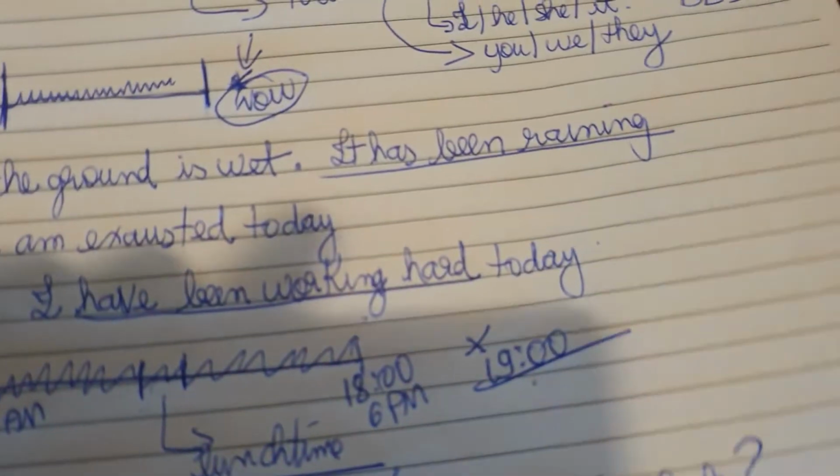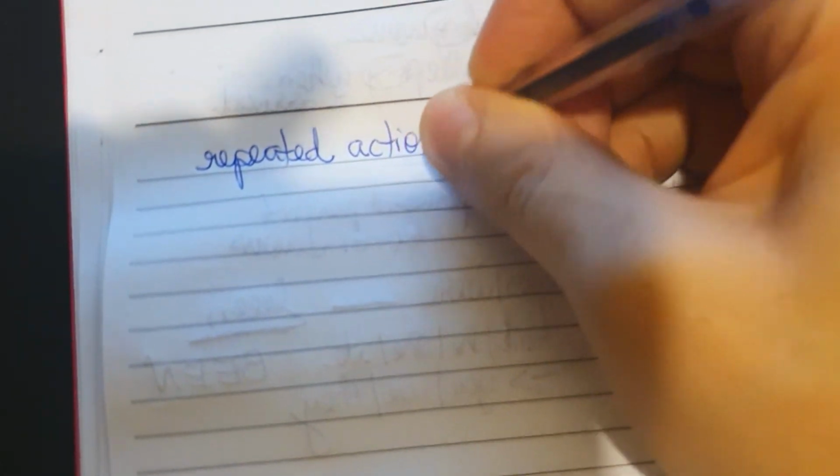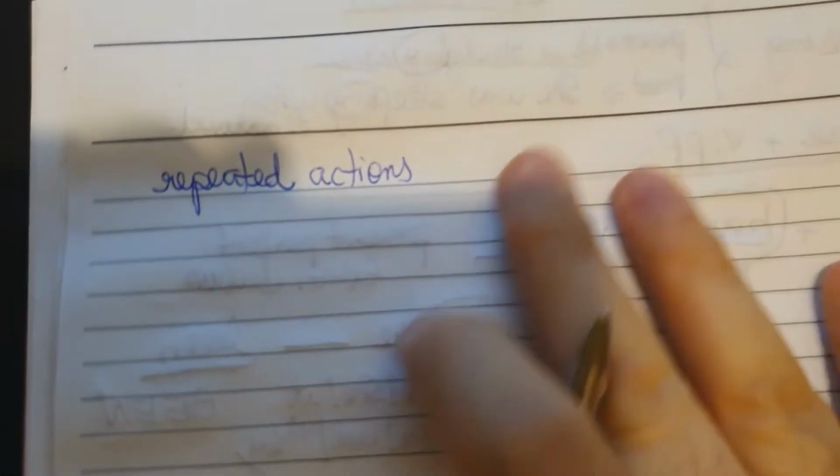All right, another situation in which we use the present perfect continuous, when you have repeated actions over time. So let's understand the context.